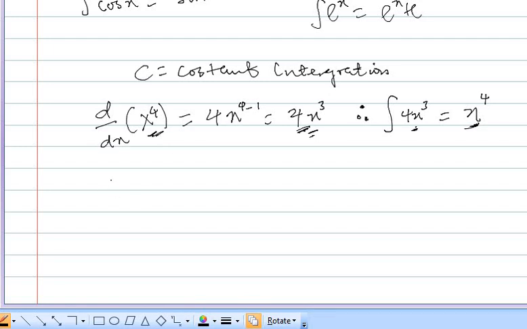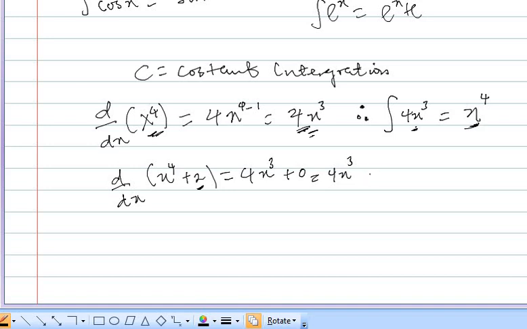But in another case, say the differential with respect to x of x to the power of 4 plus 2, we will have 4x to the power of 3, plus 0, since the differential of a constant term is 0, which is 4x to the power of 3.